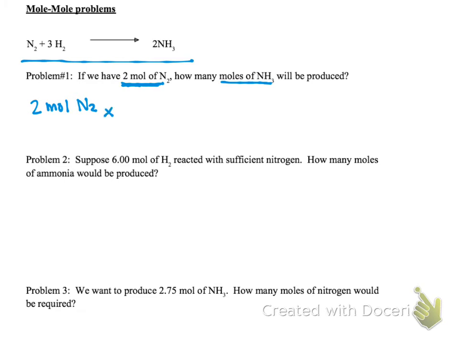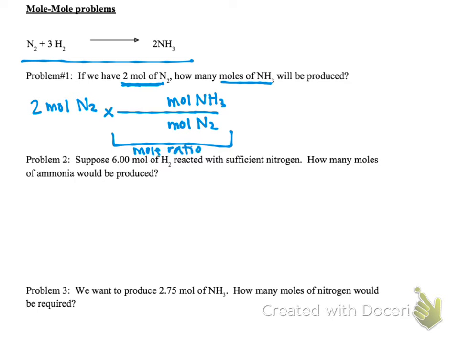So you set up your conversion. Remember, your units have to match diagonal, so if you start with moles N2, that means moles N2 has to go on the bottom. And you are trying to get from moles N2 to moles NH3. Now this step right here, you are going to use your mole ratio.